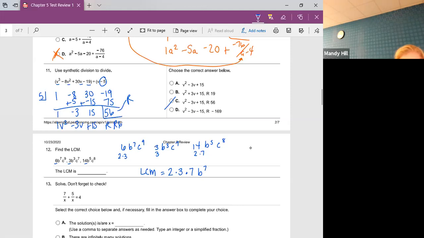Okay, the one that wins is c to the 9th. So 2 times 3 times 7, 42. B to the 7th, c to the 9th. That's going to be our answer. Questions about anything?